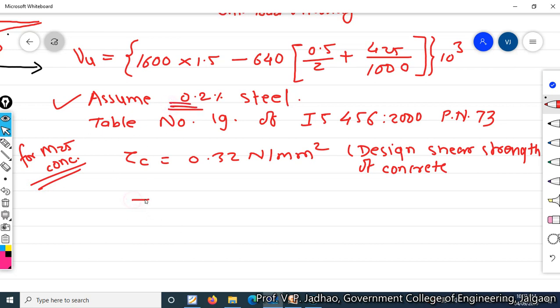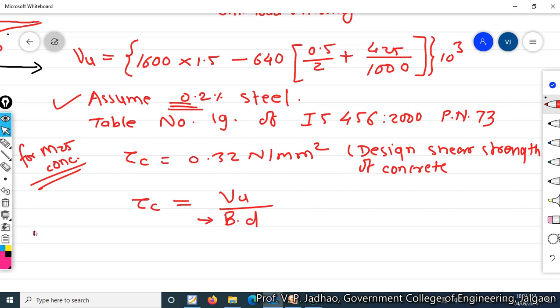Then we have tau c, the design shear strength, equal to shear force divided by the cross sectional area where the shear force is acting, that is tau c into B into D, where we should consider this as capital B. Now how have we considered this area on which shear force is acting?